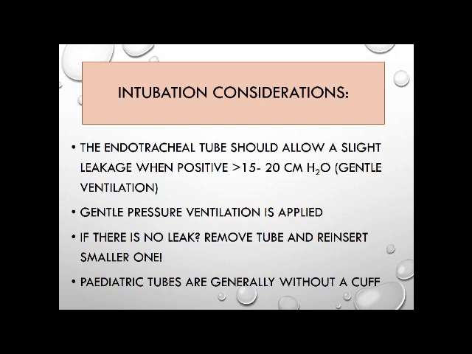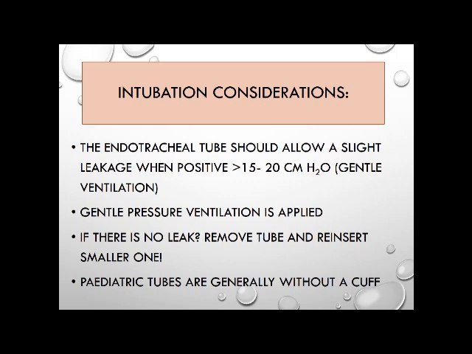For endotracheal intubation for the pediatric patient group, the preferred type of tube is usually the uncuffed tube. This is because these tubes will allow a slight air leak or gas leak whilst inserted within the trachea.